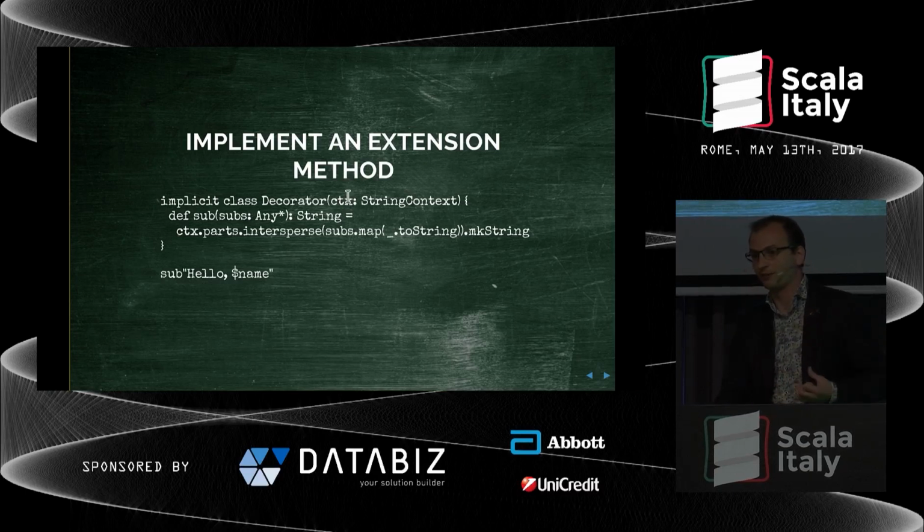This is the object that gets created by the parser, and we will intersperse the. By the way, intersperse is not a method in the standard library, but it would be nice if it was. But we'll just pretend it exists, and we'll use that to alternate between the fixed parts and the substitutions, which we're just calling toString on. And then we call makeString to join all of those together, and the result is if we wrote this code, this would now compile, and it would return hello, whatever name is there.